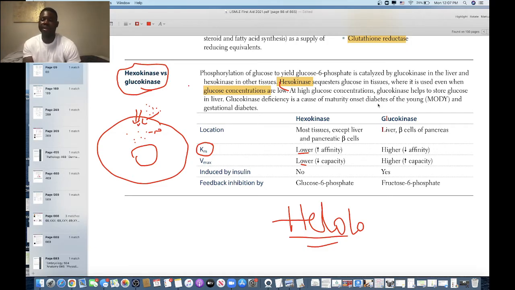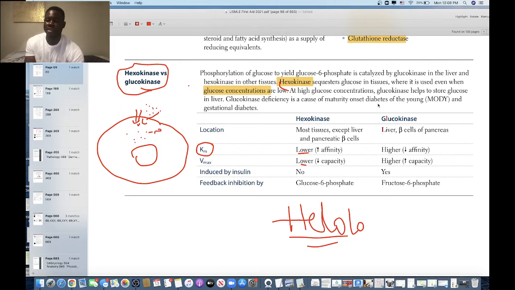But if you take the pancreas and the liver, if you're hungry, you don't want them to work, right? Because if they work, they'll release more insulin. You don't want that. Therefore, glucokinase can only work when we are in the fed state, when we have high concentration of glucose.